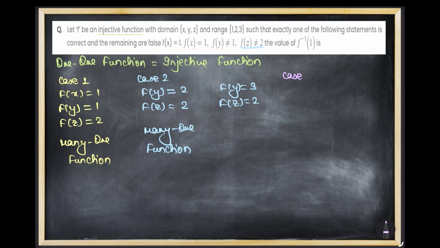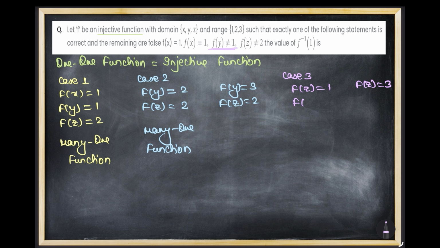Now we have to rely on case 3. Case 3 means this is true and this is false. So f of z not equal to 2 is true, which means f of z will be equal to 1 or f of z will be equal to 3. Now this has to be false.